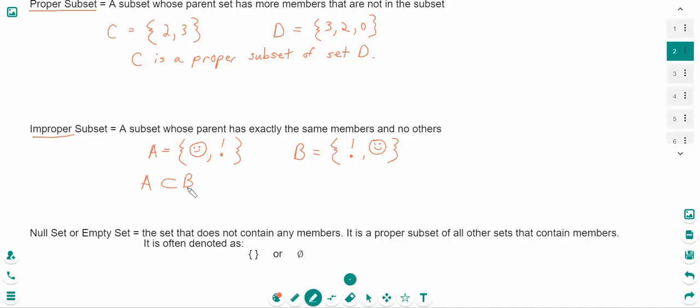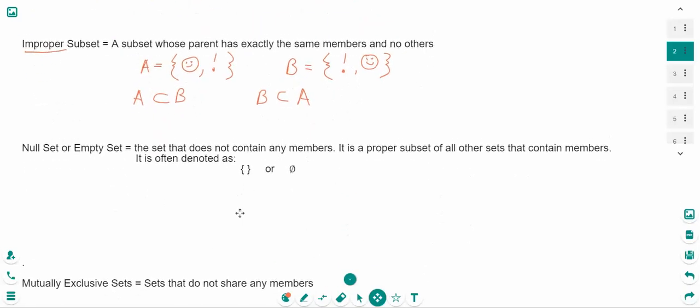A is a subset of B, and then B is also a subset of A. All right? So that is kind of the thing to note when we have improper subsets, is that A will be a subset of B, B will be a subset of A. You can switch those around, and it still will always work because they are equal in every way. Okay? Excellent. So that is proper subset, improper subset.